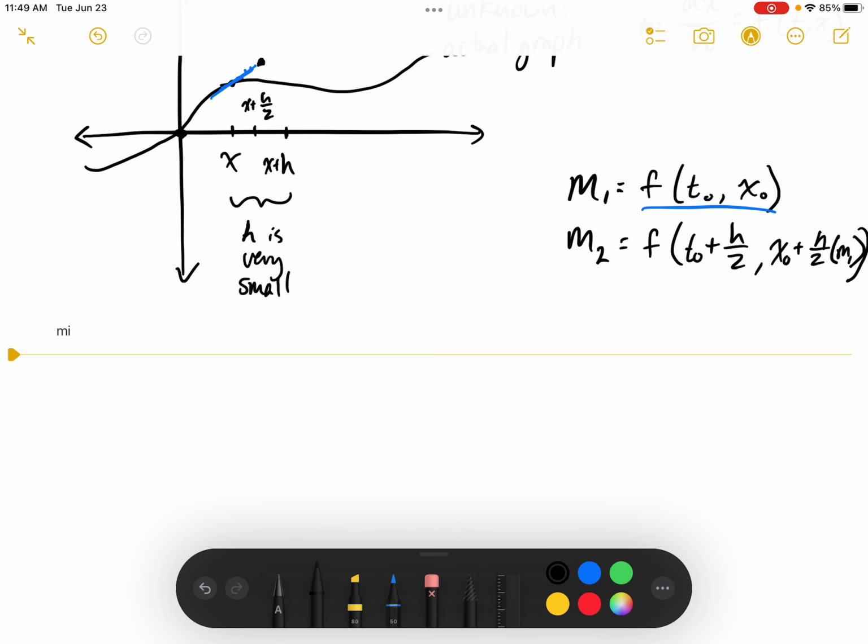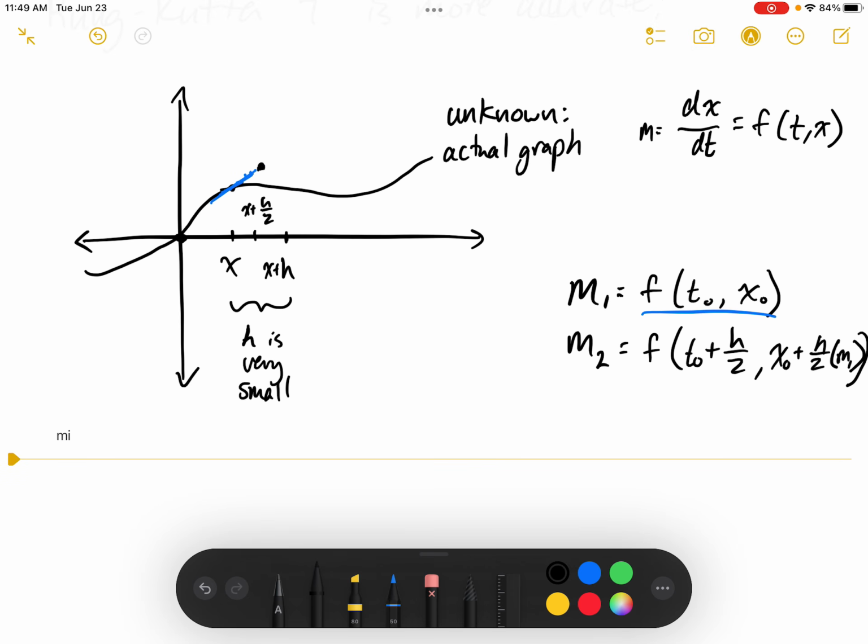Cool. So now we keep going, actually. We repeat this process. We calculate this slope. I'm going to make this one green. So we calculate this slope over here, and then we pretend to move that slope back to where we were before, and then repeat this process. So we extend it out to x plus h over 2, and recalculate it again.